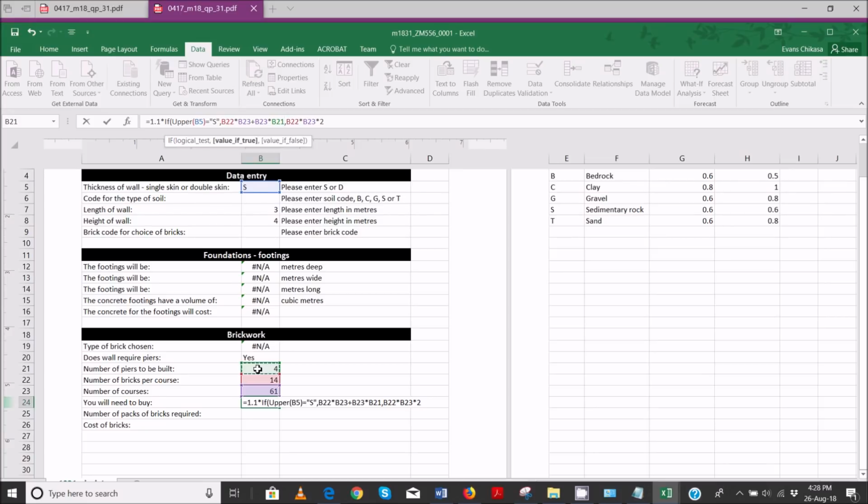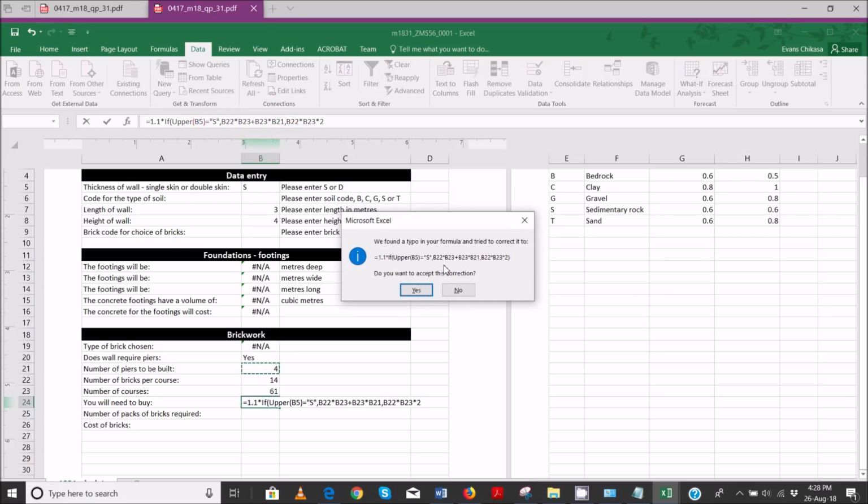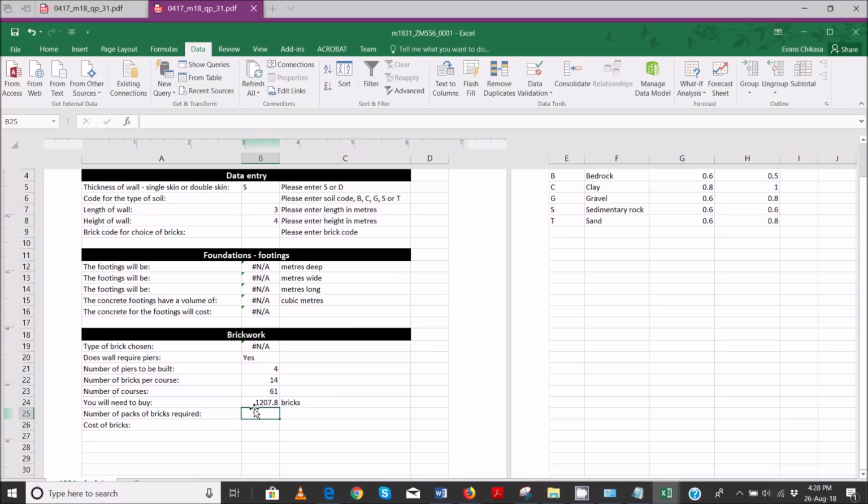But notice also that we are calculating how many bricks we're going to need. If you hit the enter key, I didn't close the bracket, so just accept to close it for you. Notice that you have a fraction, and like I said, you cannot round down this one.